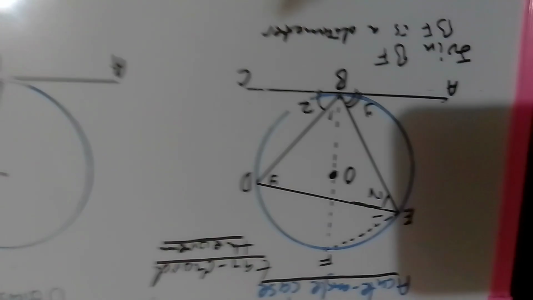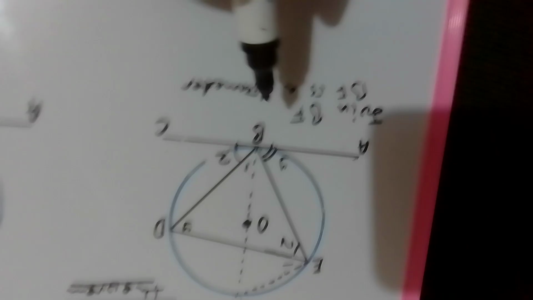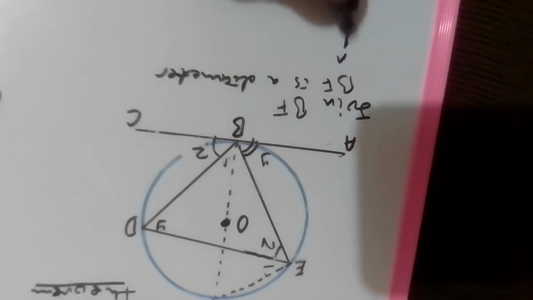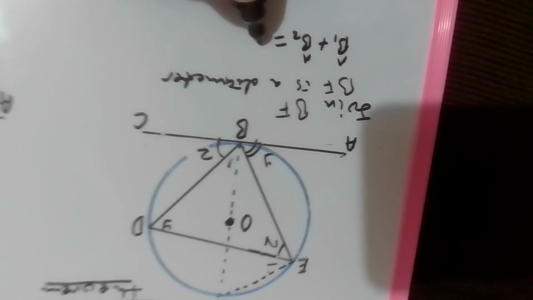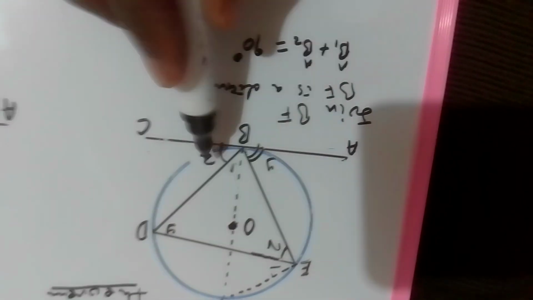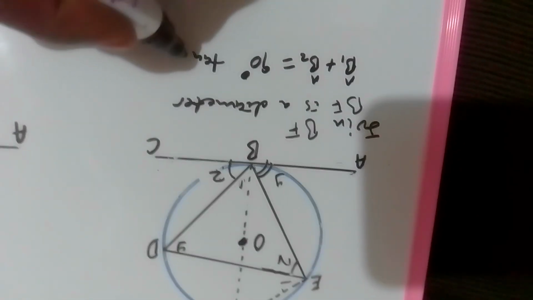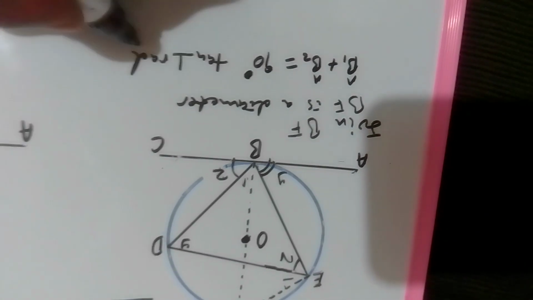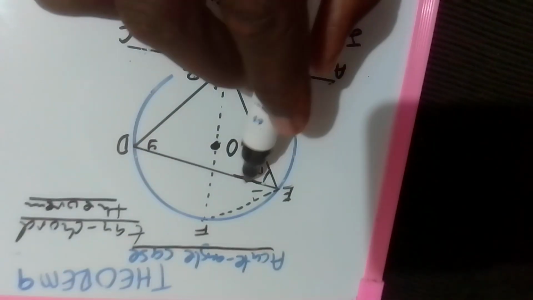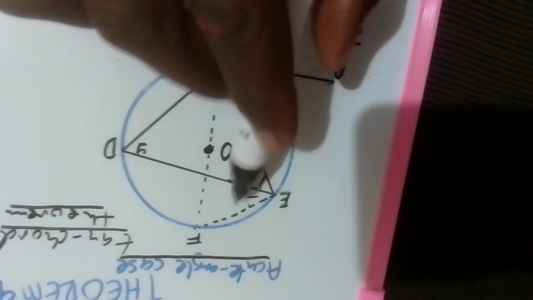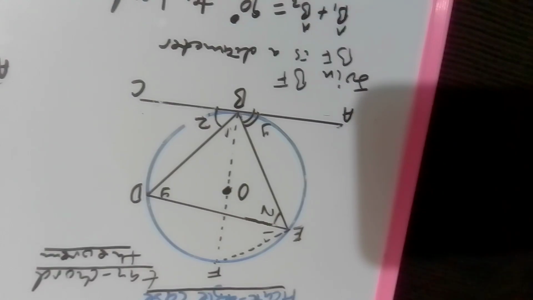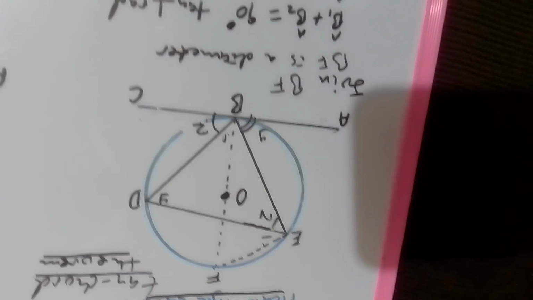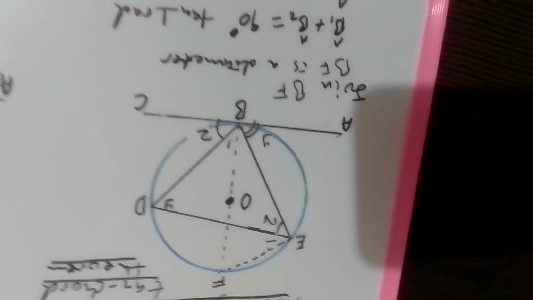But now, how does that help us? Now we start to talk about the fact that angle B1 plus angle B2 is equal to 90 degrees. And we say the reason is tangent perpendicular to a radius. Then we come here. I'm now documenting what I explained earlier on. Angle E1 plus angle E2, those two angles are equal to what?